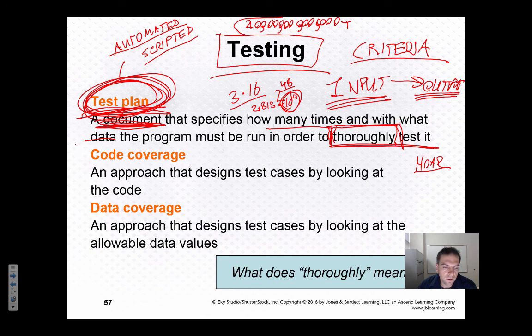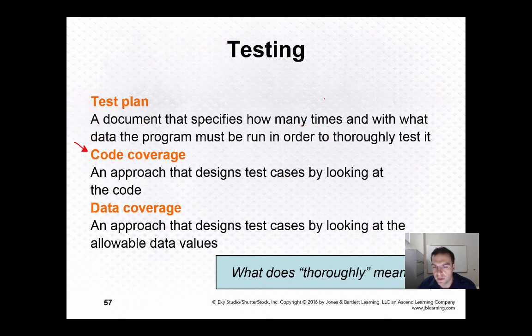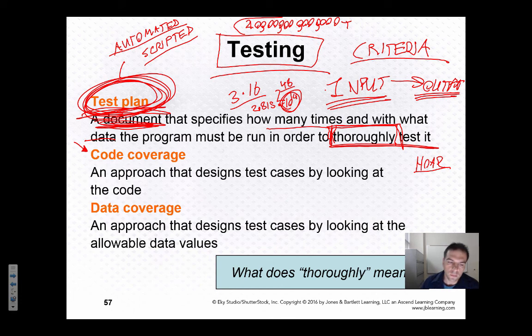So there are different criteria that people will have. One idea is just to come up with enough test cases, combinations of input and output, to make sure that you hit every line of code. So all lines of code execute.